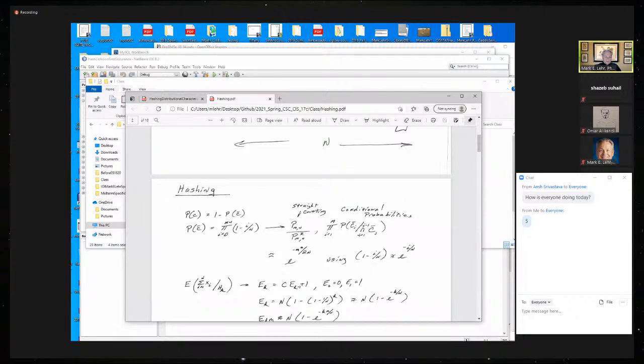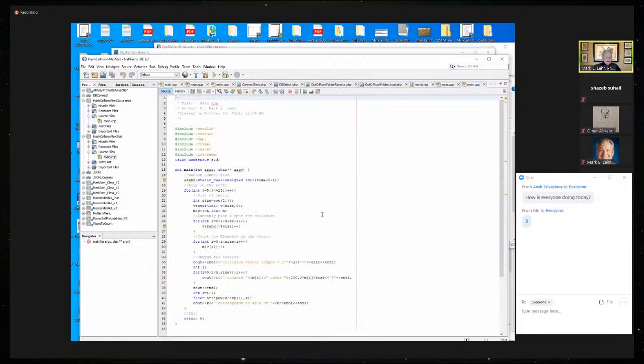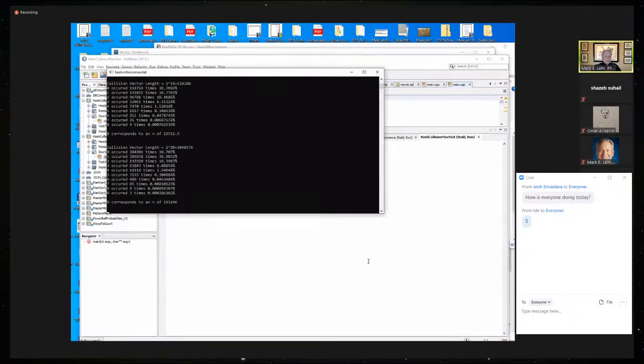So if we go back to our little simulation technique and try to calculate the maximum that you would see, in here I created an array of 33 million in size, and I did it for all powers of 2.